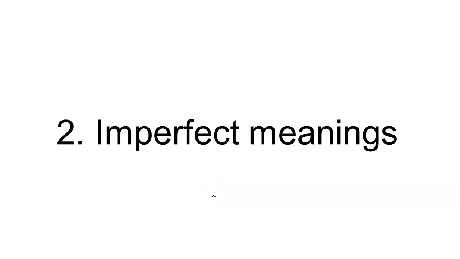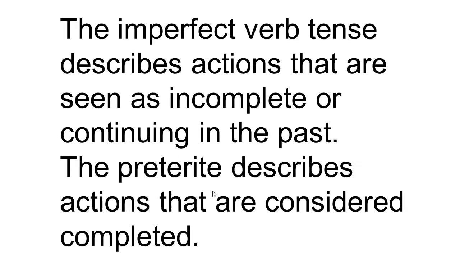Okay, so now that you're familiar with the mechanics of it, let's take a look at the meanings. What does a verb mean when it's in the imperfect verb tense in Spanish? The imperfect verb tense describes actions that are seen as incomplete or continuing in the past.